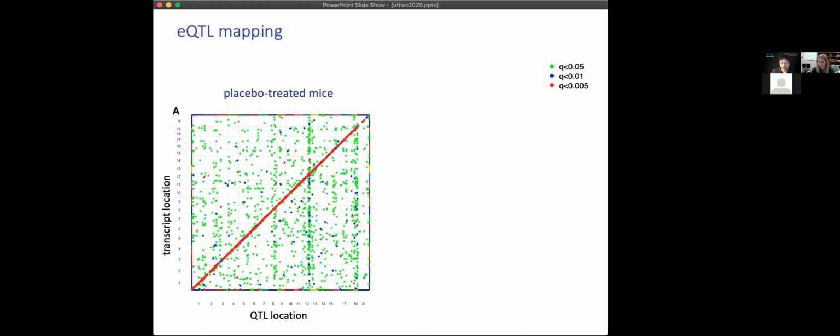Okay, so anybody who's done eQTL mapping, this is a common looking plot. We've got this big diagonal and we've got things off the diagonal. The colors represent the significance of the hit. This is just for the placebo treated mice.